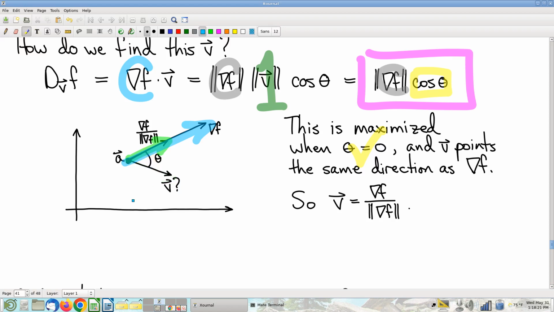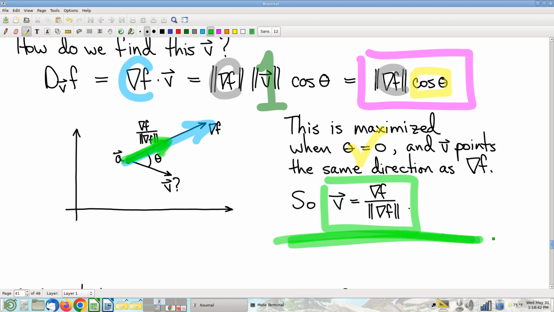Said differently, it's the normalized gradient. That's the unit vector whose angle with the gradient is 0. So nice fact. Another way to say that, the gradient vector always points in the direction of fastest increase.